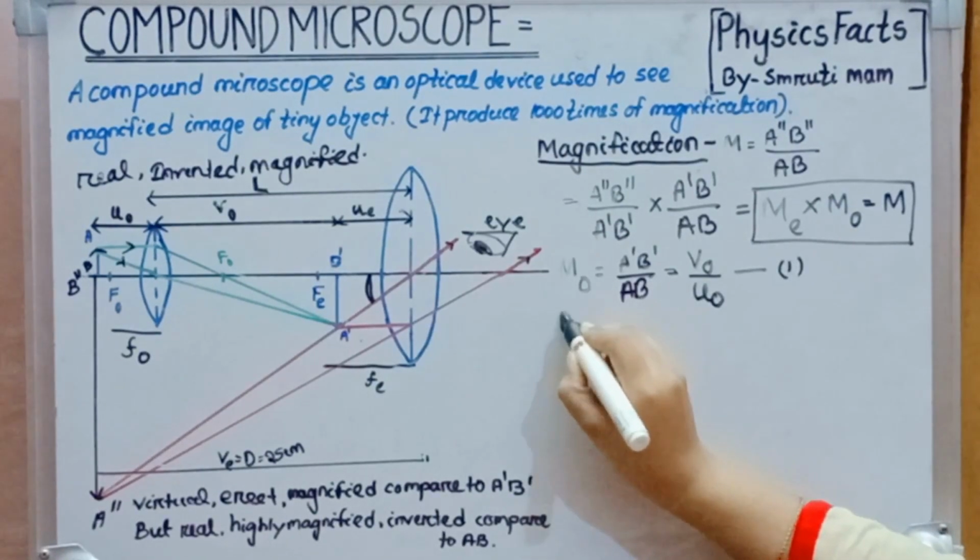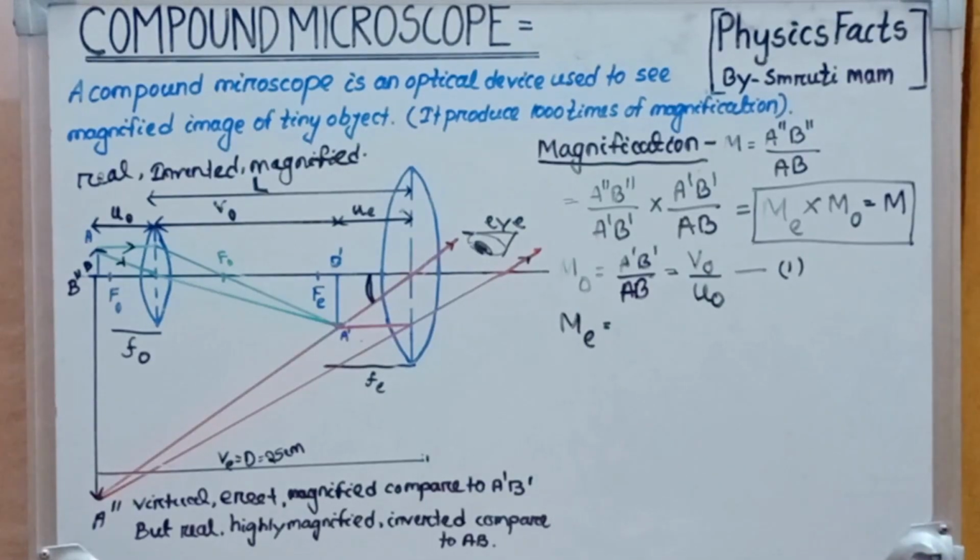Then what is the magnification of eyepiece lens, ME? In the previous video, we already discussed how we calculate magnification of lens when the image is produced at least distance of distant vision. Okay. Go through the previous video where the link is already given in the description box. So you clear that how we calculate magnification when that image is produced at least distance of distant vision.